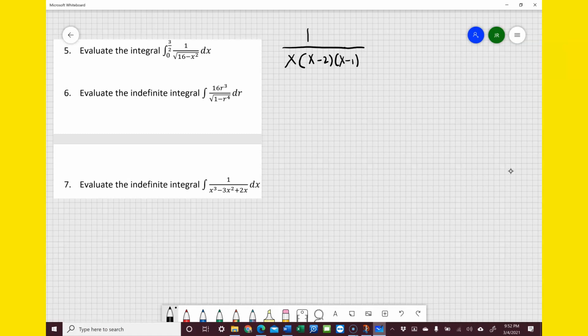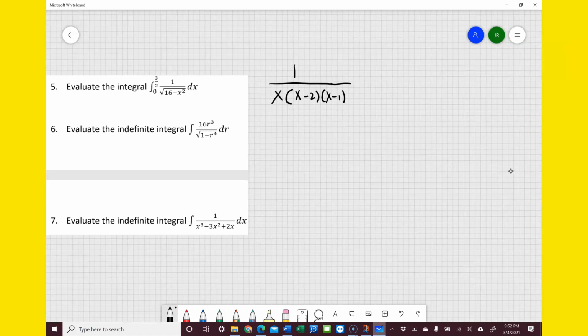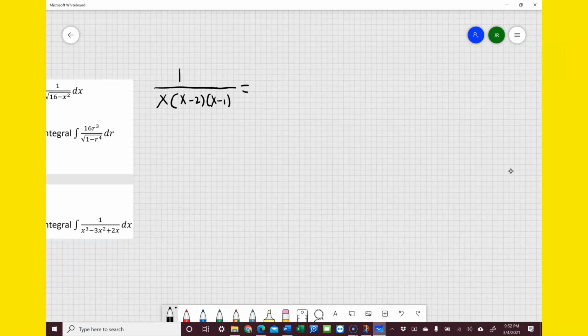And what you do is you say that's equal to A over x plus B over x minus 2 plus C over x minus 1. Some kind of way there's an A and a B and a C that will make these all separate.